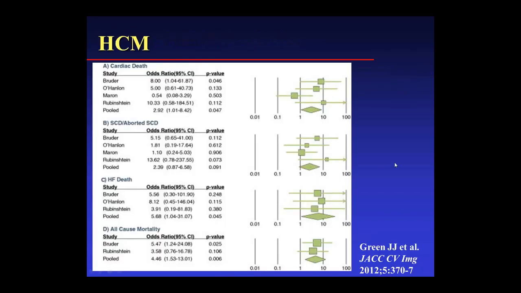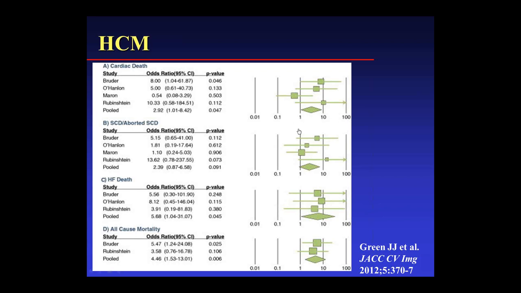In terms of the predictive value of late gadolinium enhancement, our group at the University of Virginia published this meta-analysis of the 4 largest published studies to date. It's a total of almost 1,100 patients, about 2/3 of whom had evidence of any scar in the heart, as shown by that technique I was describing earlier, late gadolinium enhancement.